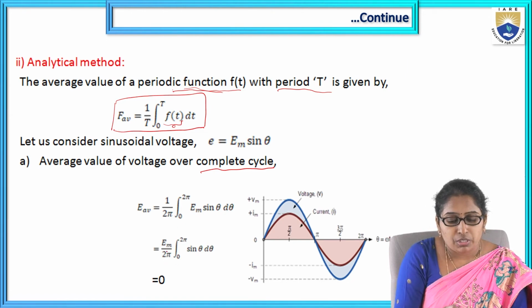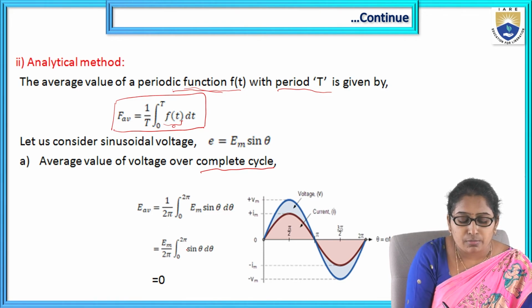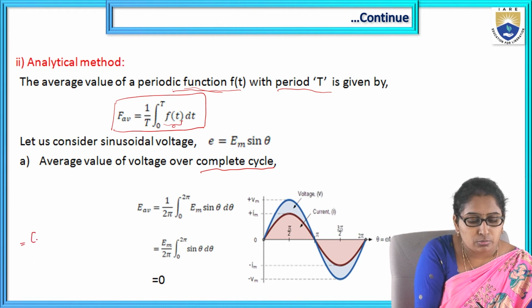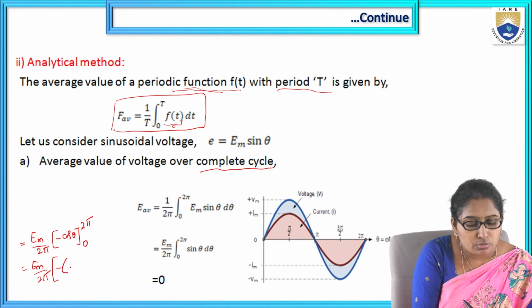Take Em out: Em by 2 pi integral from 0 to 2 pi of sine theta. The integral of sine theta is minus cos theta. Substitute the limits: cos 2 pi is plus 1 and cos 0 is 1, so 1 minus 1 is 0.